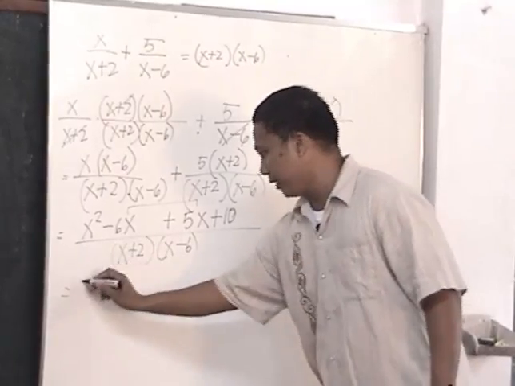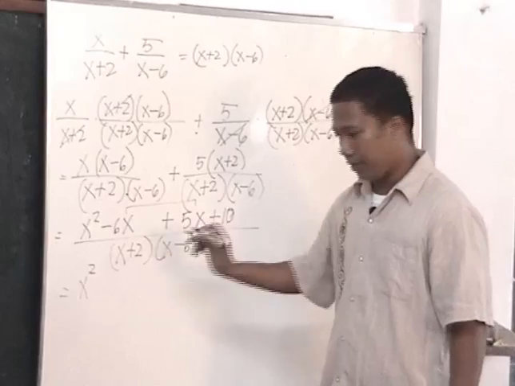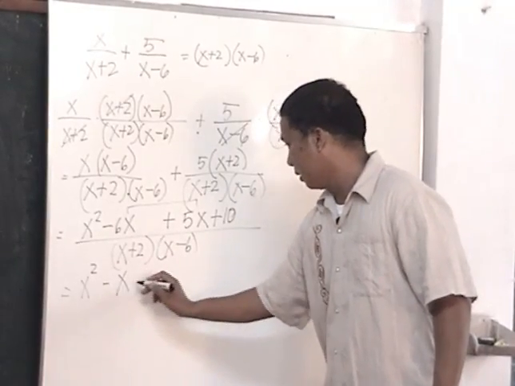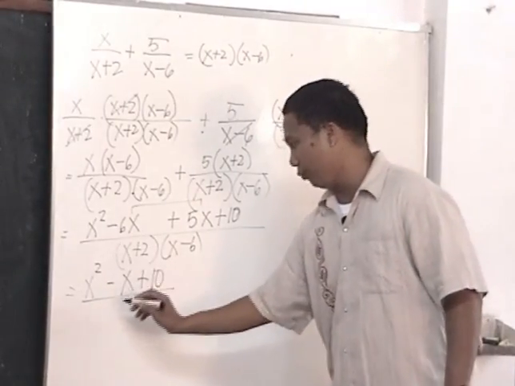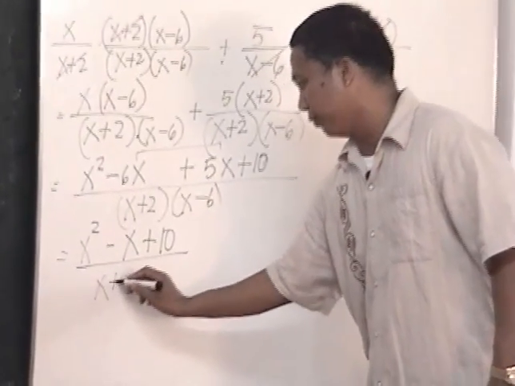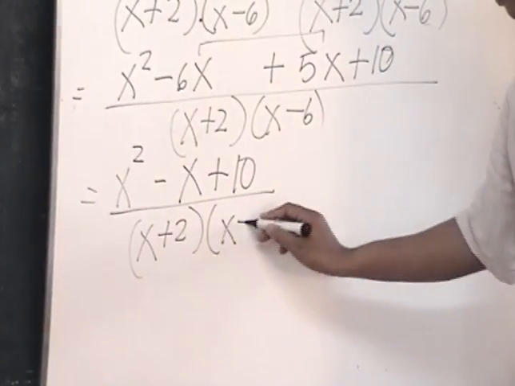And then simplify further those having similar values. We have x squared, negative 6x plus 5x, that is equal to minus x, plus 10. And copy the denominator, which is equal to x plus 2 and x minus 6.